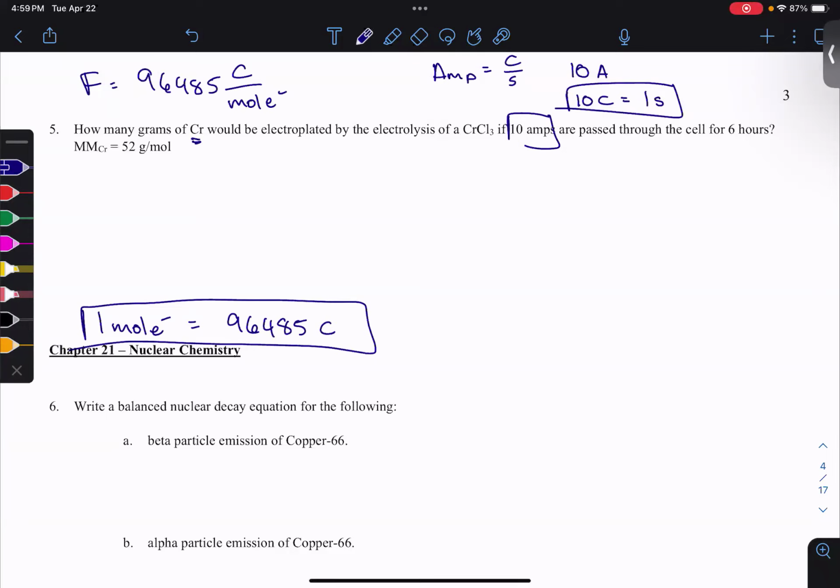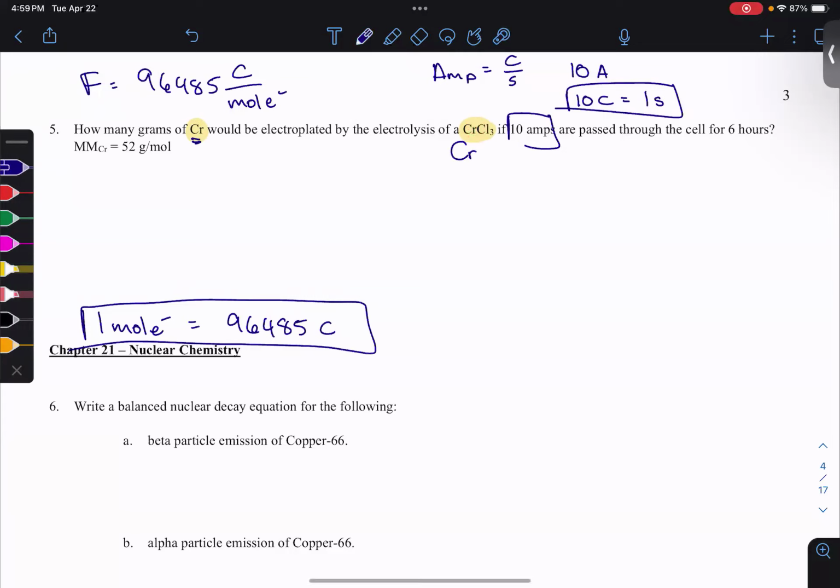So what we also need is a balanced chemical half reaction. We're producing chromium in this reaction, so we need to know what's the relationship between chromium and the number of electrons. So notice I'm telling you, okay, we are electroplating chromium solid, but it's coming from chromium with 3 chlorides on it. So what is the charge of chromium right here?